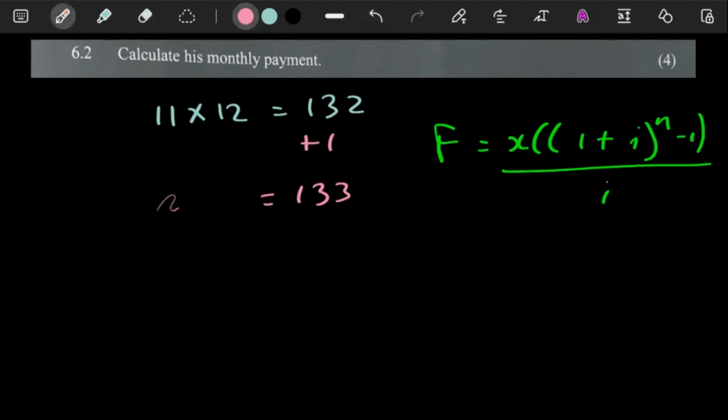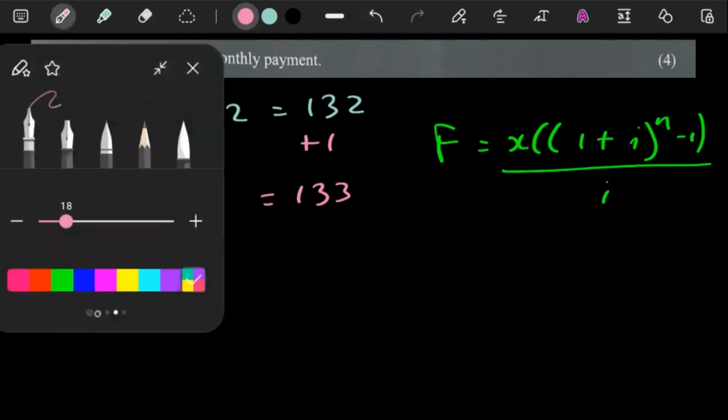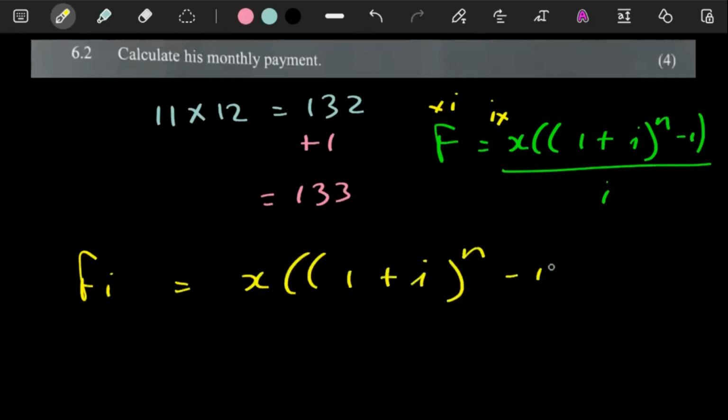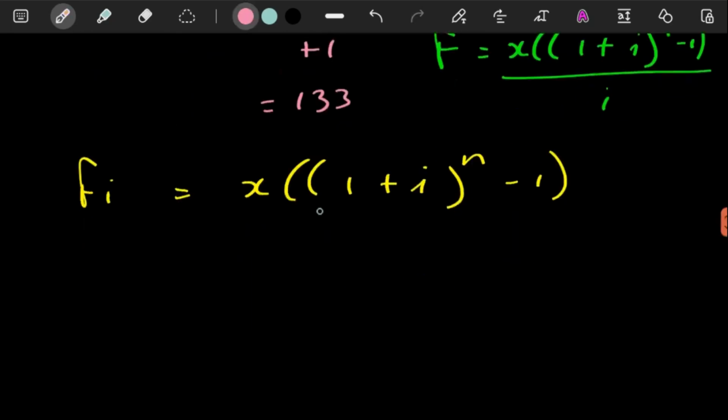So we multiply by i on both sides: F times i is equal to x times (1 plus i to the power of n, minus 1). And then divide everything by this big bracket.